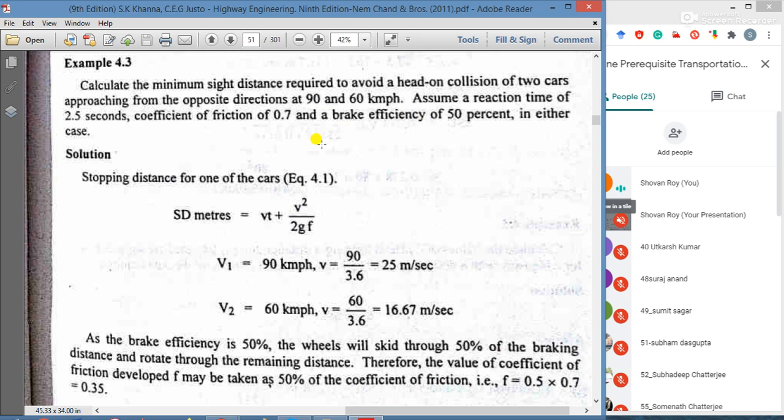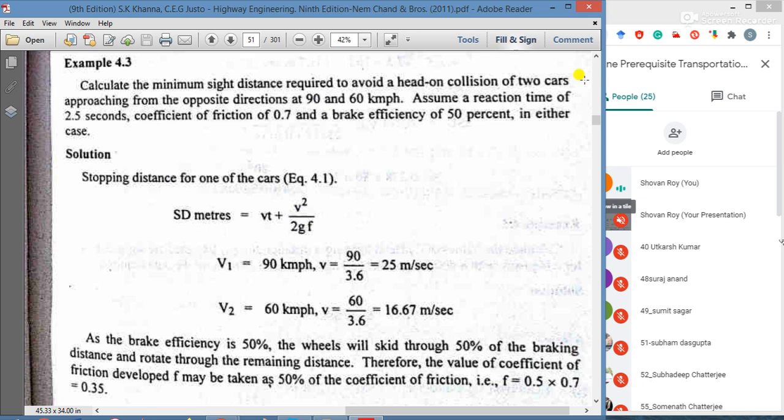Now V is different for different cars. So the first one, V1, is 90 km per hour. Converting to meters per second, that is 25 meter per second.